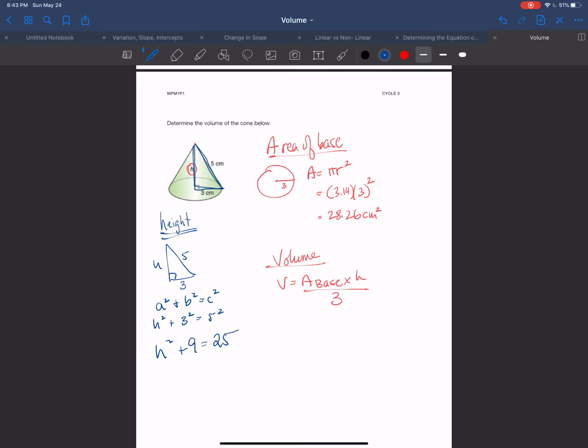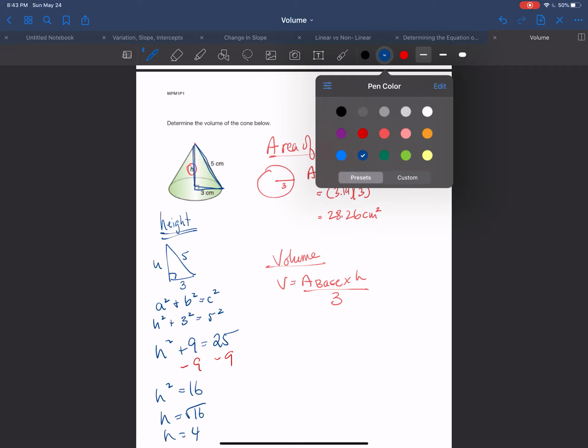I want to solve for h, so I need to get rid of the 9. Subtract the 9. So h squared is equal to 16. And I need to do the opposite of squaring, which is the square root of 16, which is 4. So now I know the height is 4.